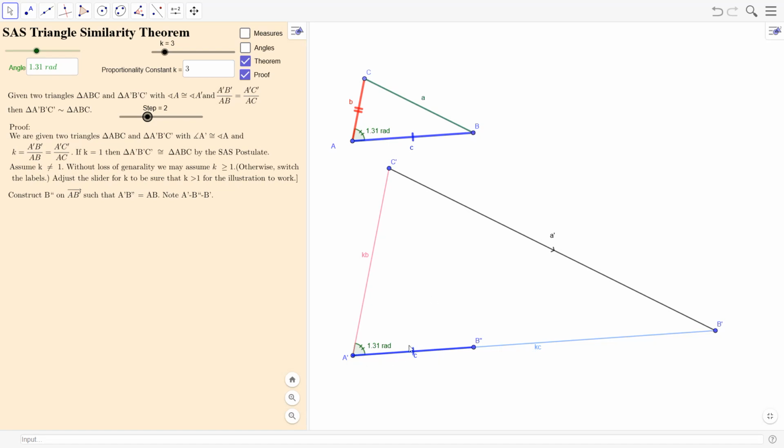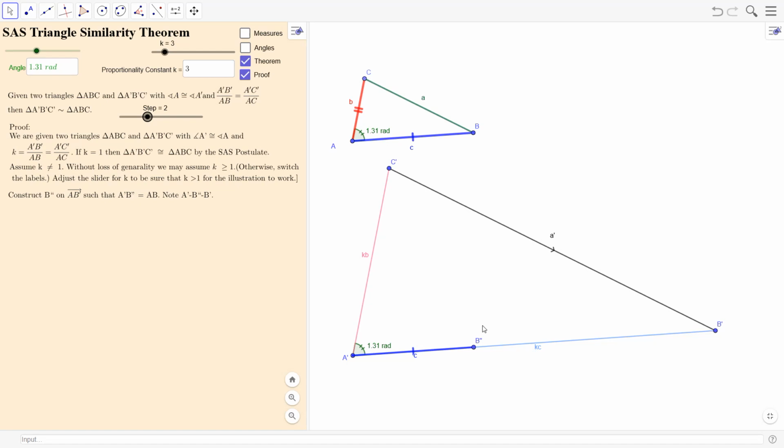So now we want this distance here and this distance up here to be congruent. Notice if K is bigger than 1, that'll put B prime between A prime. This is B double prime, and it'll put it between A prime and B prime. Okay?